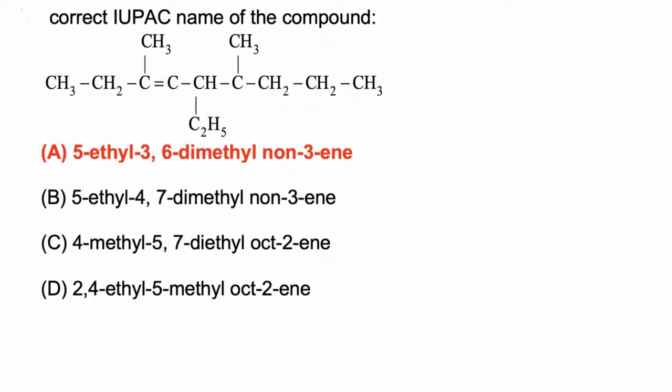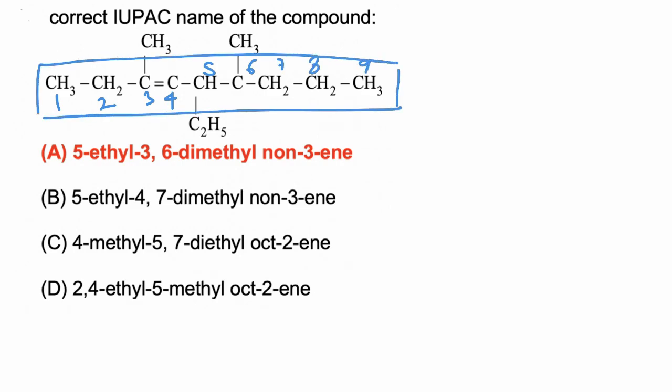In this question we have to write the correct IUPAC name of the given compound. So first we have to select the principal chain. Now the principal chain must have the multiple bond with the maximum number of carbons. So this is the principal chain. Now numbering should start from that end from which the multiple bond is nearer. So numbering should start from the left side.